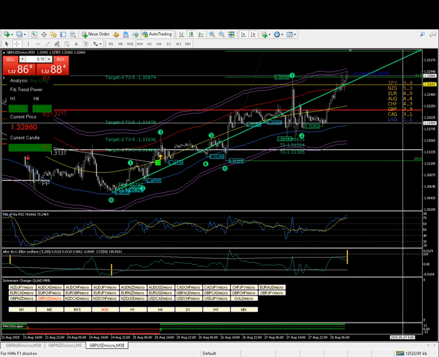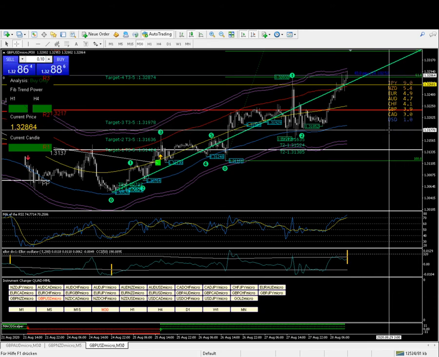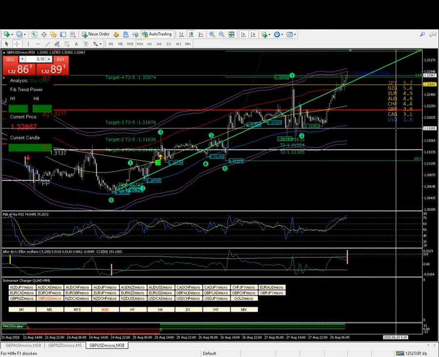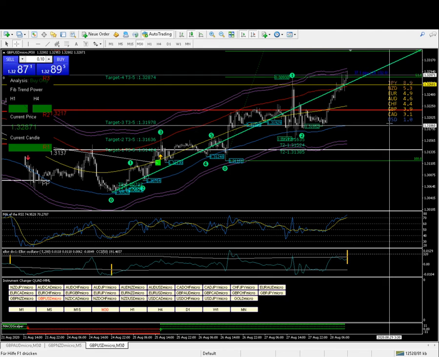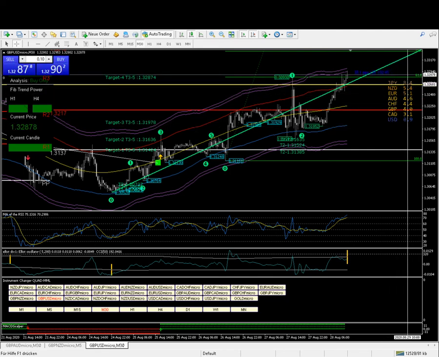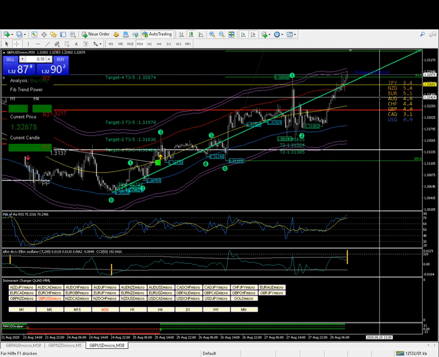On the right side, we have the currency strength meter. It shows us which currency, like the Japanese yen, is at this moment the strongest in the market, and the US dollar is at the end of it. So it means that euro, New Zealand dollar and Japanese yen have much more power than US dollar or Canadian dollar at this moment. It can change.